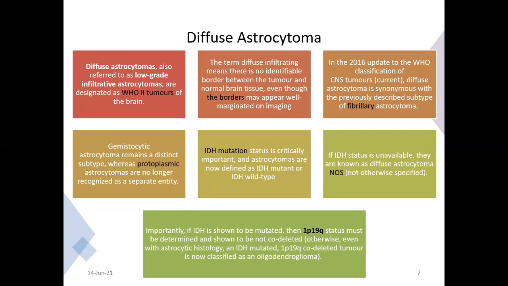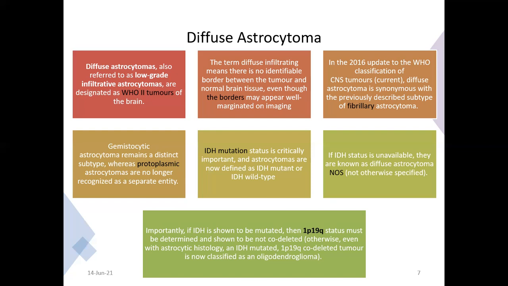It may be divided into IDH wild type and IDH mutated type. If IDH mutation testing is not done or is of indeterminate significance, it is designated as IDH NOS. When you do the IDH mutation, you also have to check the 1p19q co-deletion status.